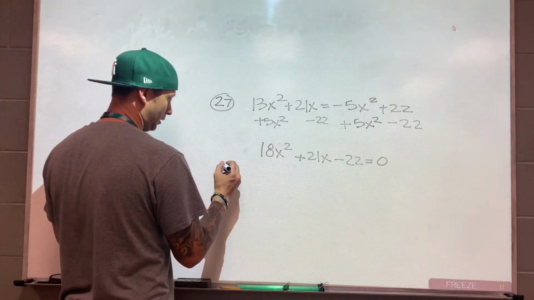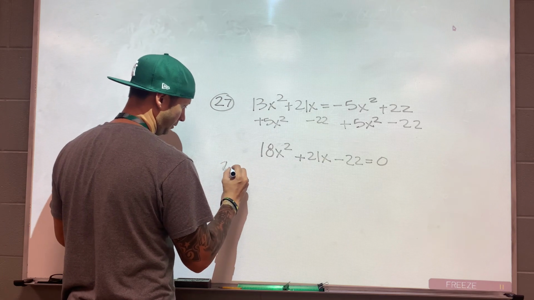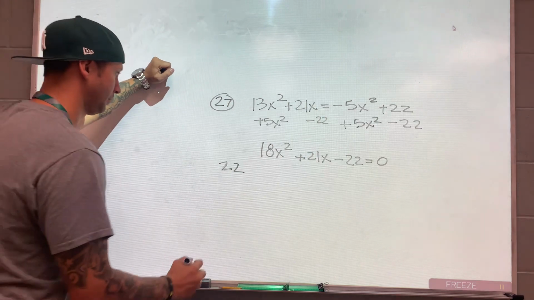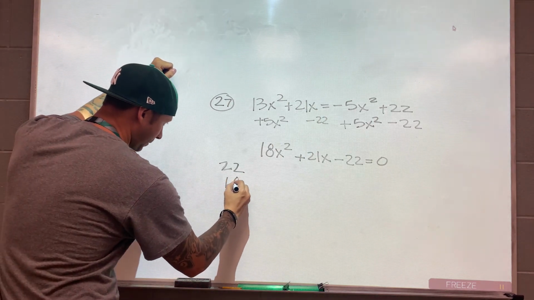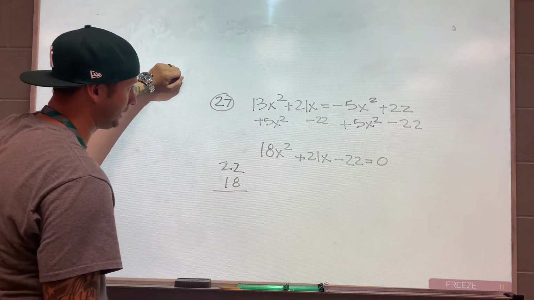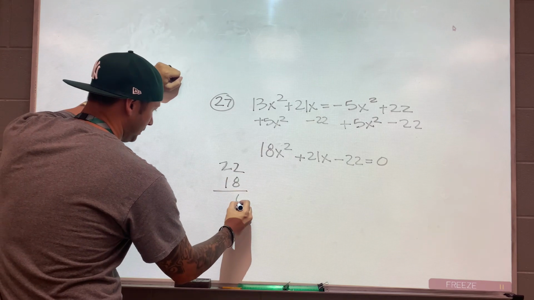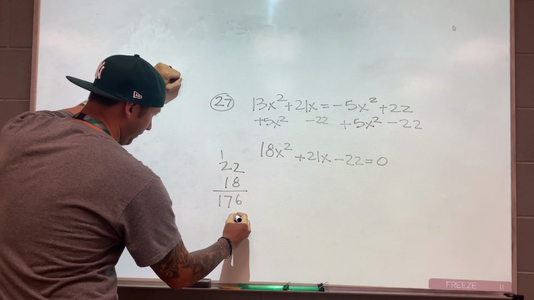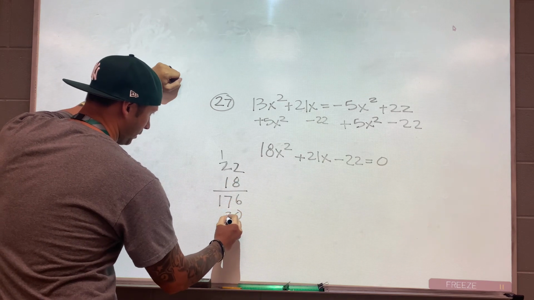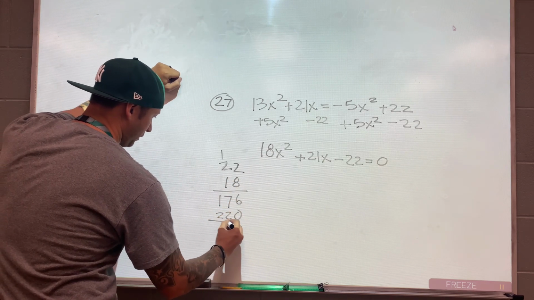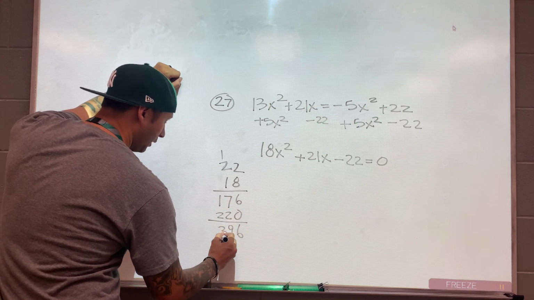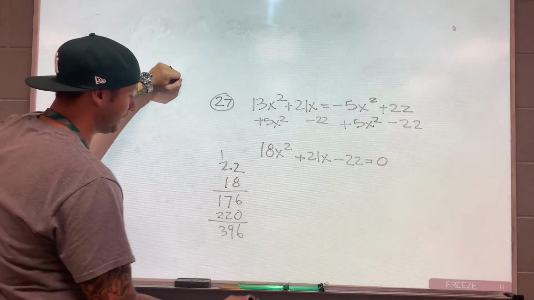Okay, so 22 times 18, 16, 17, 2, 6, 9, 396. Oh my goodness. Okay.